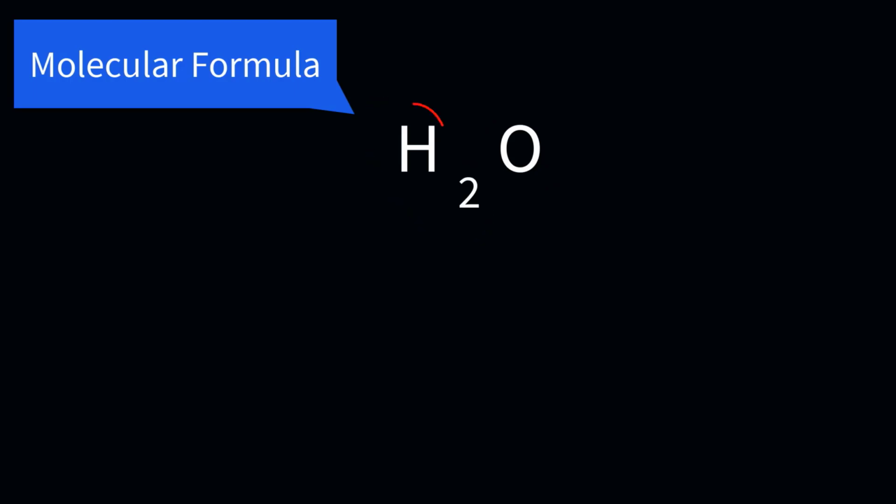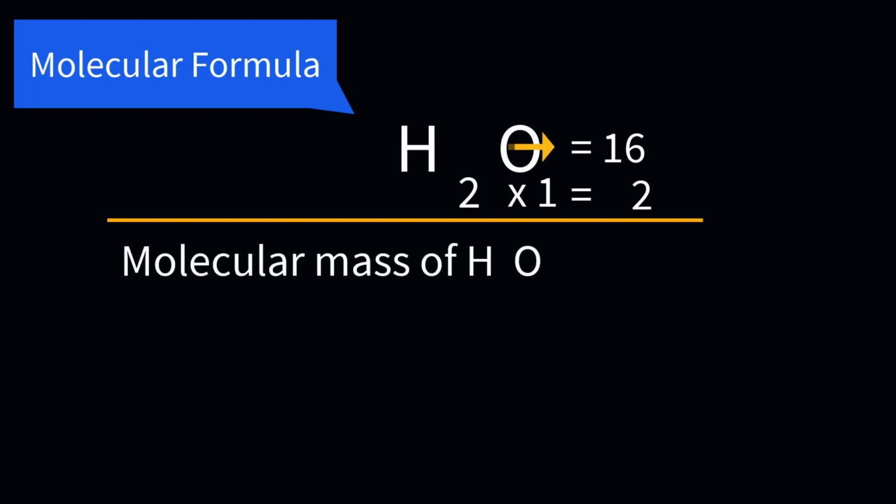Atomic mass of one hydrogen is 1 and atomic mass of 2 hydrogens is 2 into 1, that is 2. Atomic mass of oxygen is 16, so molecular mass of H2O will be 2 plus 16, that is 18.